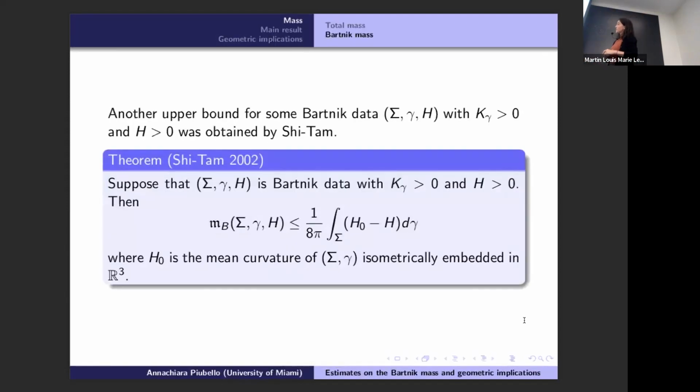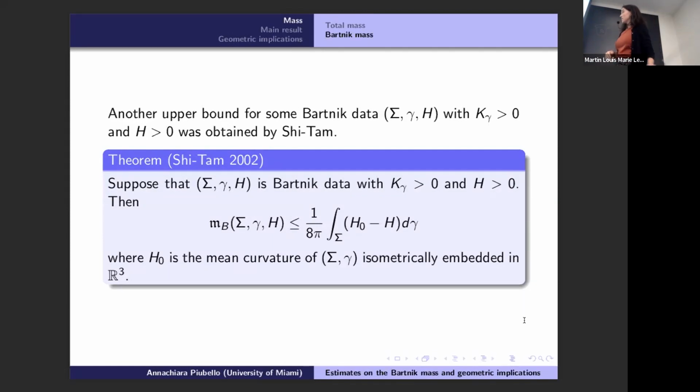Another very important estimate for the Bartnik mass was obtained by Shi and Tam in the case of positive Gauss curvature and positive mean curvature. So suppose that we have Bartnik data where, again, the Gauss and mean curvature are both positive.